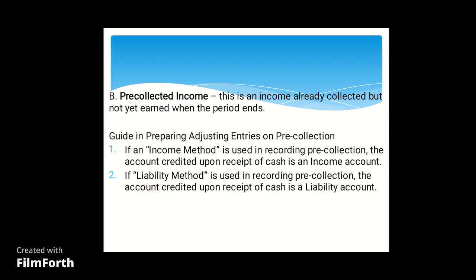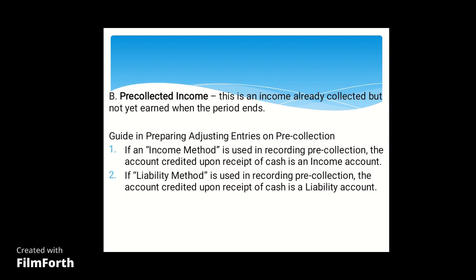So, guide in preparing adjusting entries on pre-collection. 1. If income method is used in recording pre-collection, the account credited upon receipt of cash is an income account. In your adjusting entry, go for the opposite. Thus, debit the income account and credit the liability account with an amount equivalent to the correct unearned portion of the pre-collected income. 2.